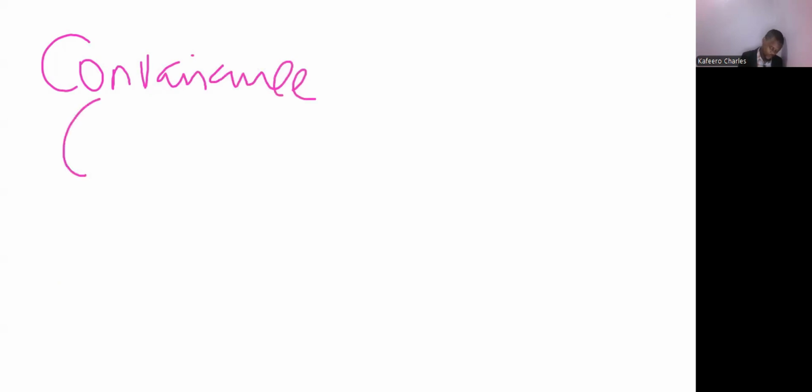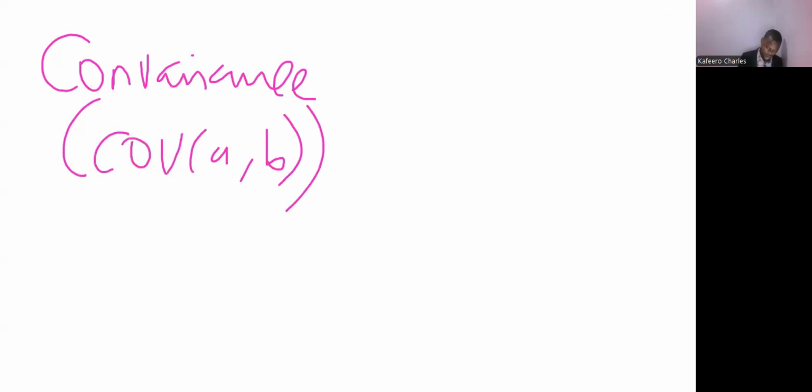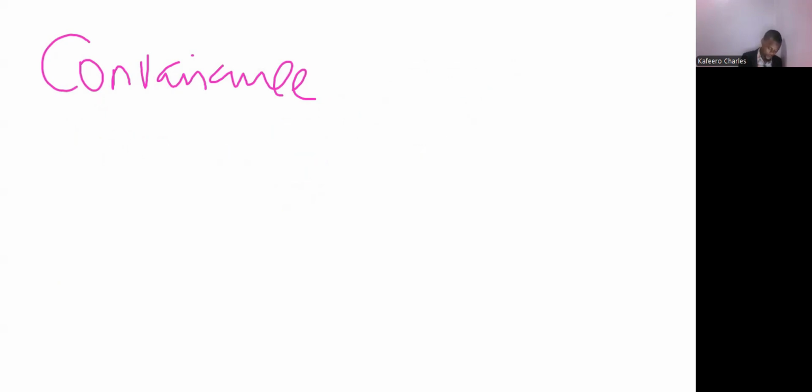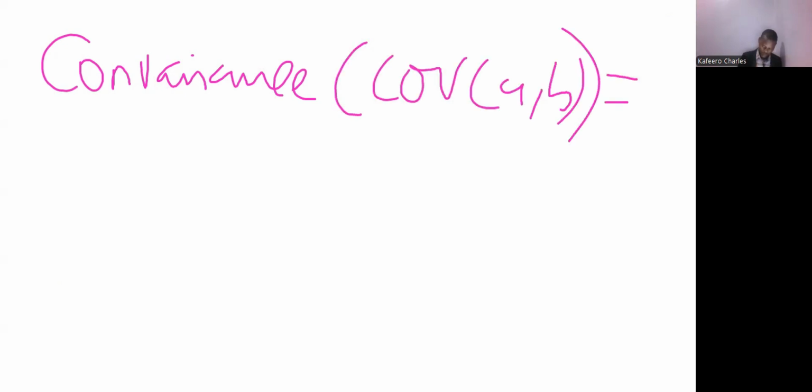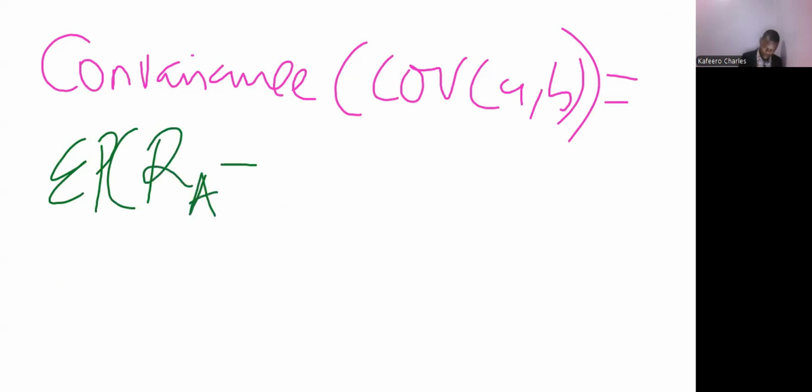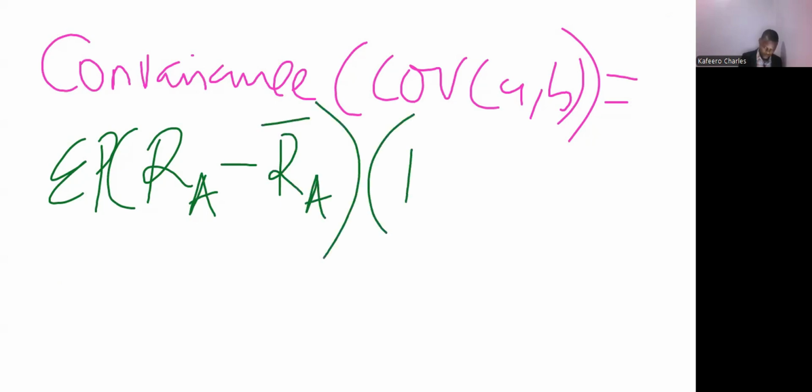For us to compute covariance, or what we abbreviate as cov of asset A and B, it is represented by summation P into RA minus RA bar into RB minus RB bar.